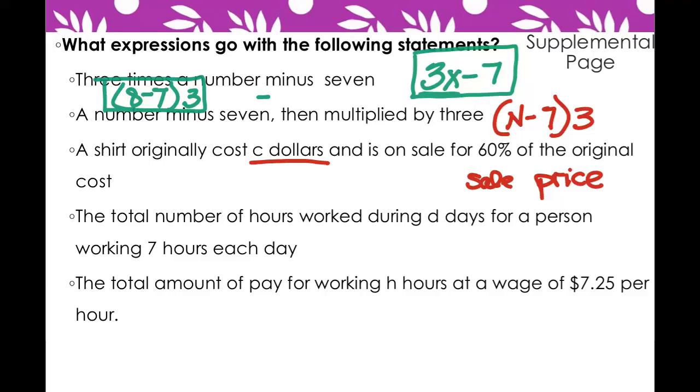These are the burning questions. What do you think? A shirt costs $C. Okay, so here's the original. There's the cost. It is on sale for 60% of the original cost. Who has an answer? We don't know, and maybe it's not right, maybe it is. Who's got an answer?